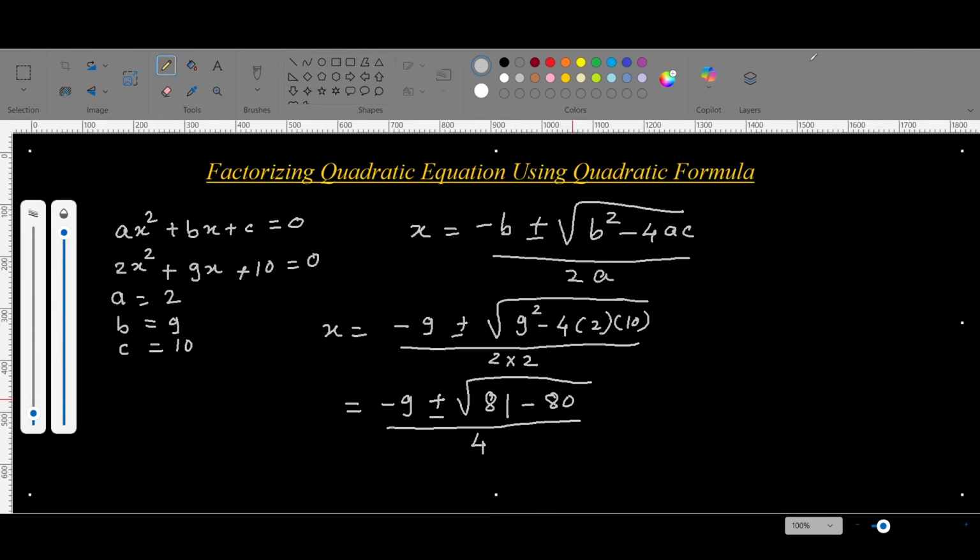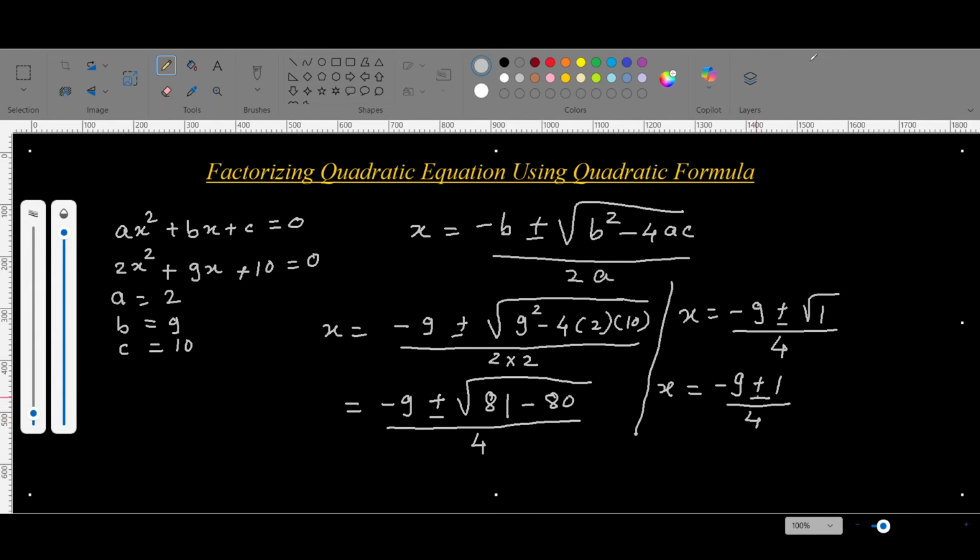Now we can say x equals negative 9 plus or minus root over 1, upon 4. If we simplify it, the square root of 1 is plus or minus 1. So we have minus 9 plus or minus 1 divided by 4.